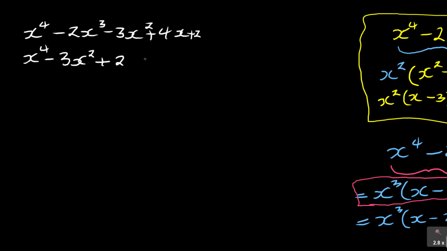And then what is left outside is minus 2x to the power of 3 plus 4. Let's see what it gives us.